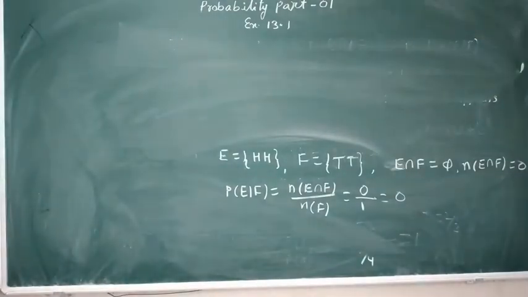Now another question, number 11 from your NCERT textbook. A fair die is rolled.